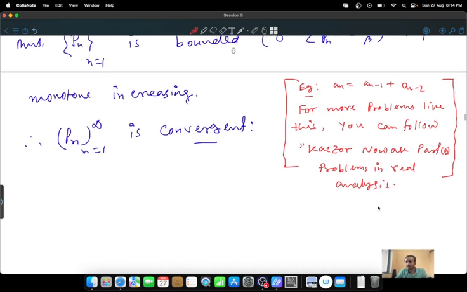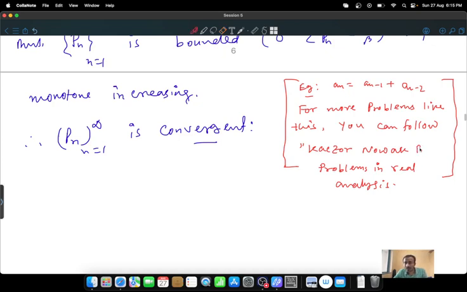Kaczor-Nowak 1 is for sequences and series and all the real number system inequalities. The second one is on continuity, differentiability, integration, and the last one is measure theory and general integration and Lebesgue integration. So if you can do these 3 books, no one can stop you in analysis.